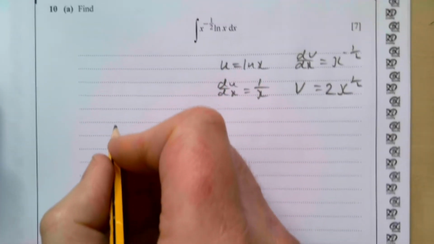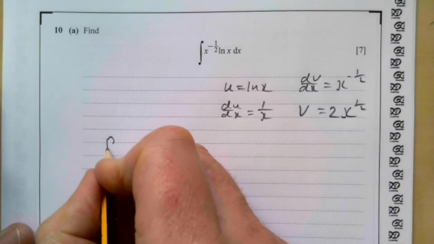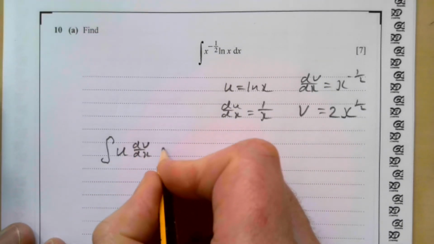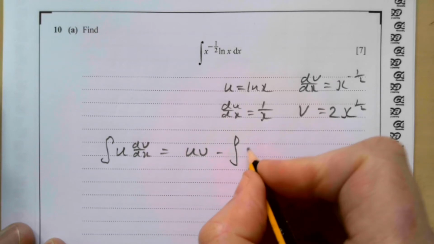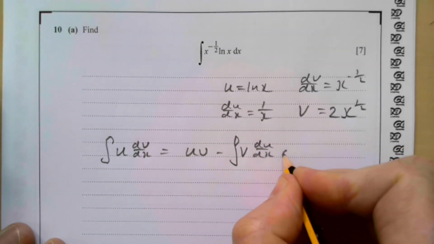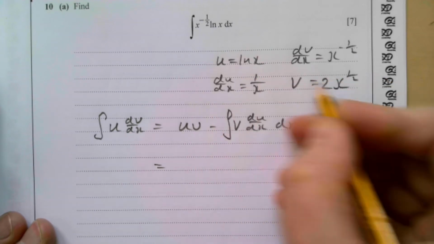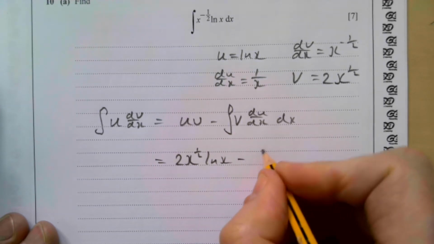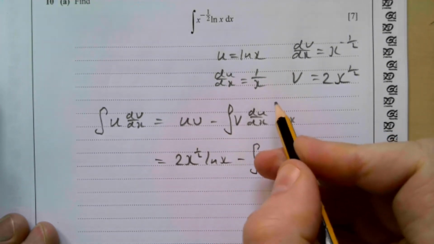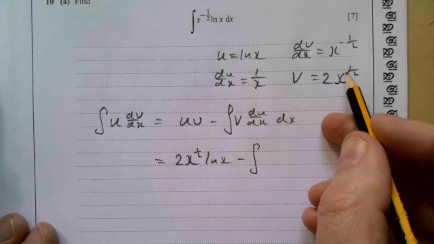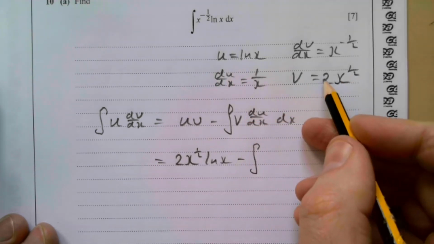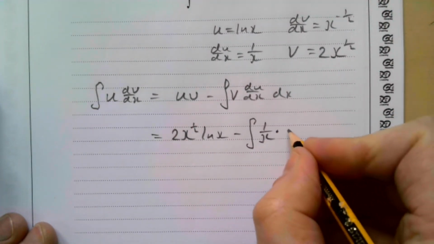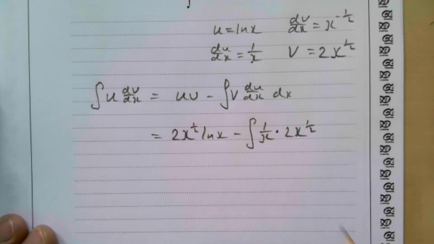So our formula, which I maybe should have written out first, is the integral of u dv by dx equals uv minus the integral of v du by dx. So my uv is 2x to the half ln x minus the integral of v times du by dx. So it's 1 over x times 2x to the power of a half.